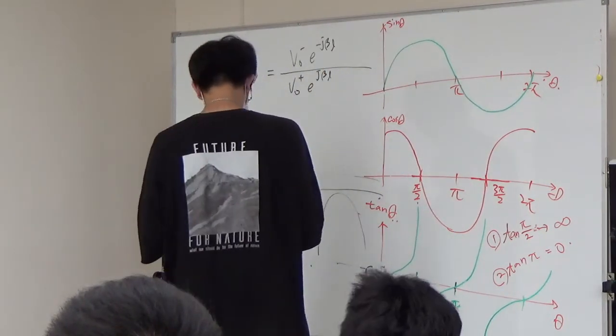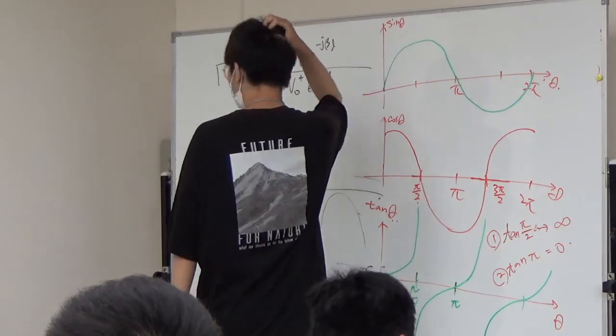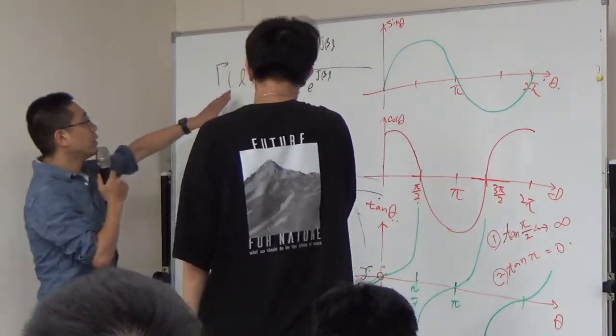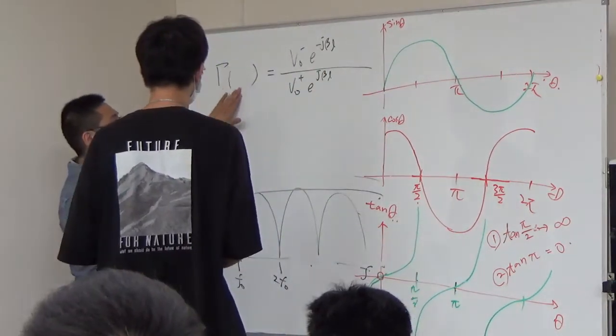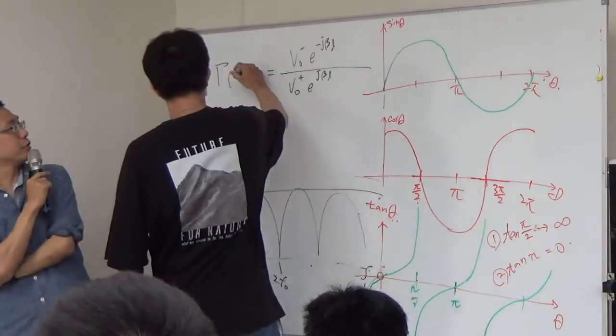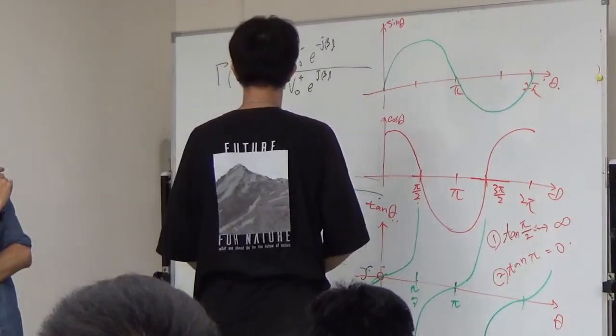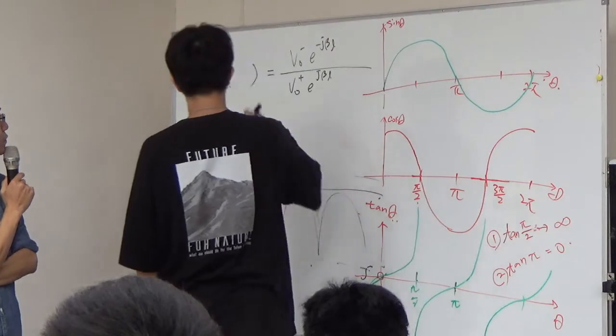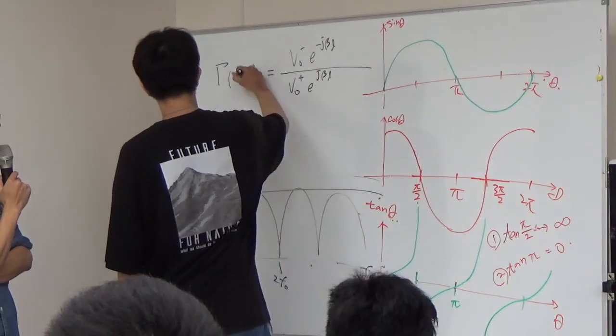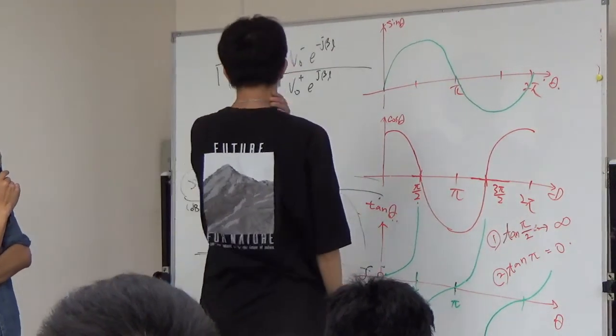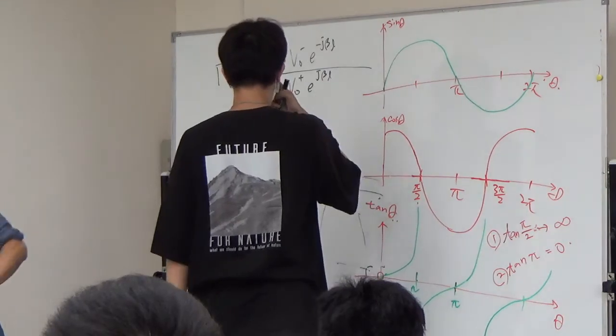Okay, so if L is a quarter wave transmission line, then which one will change?